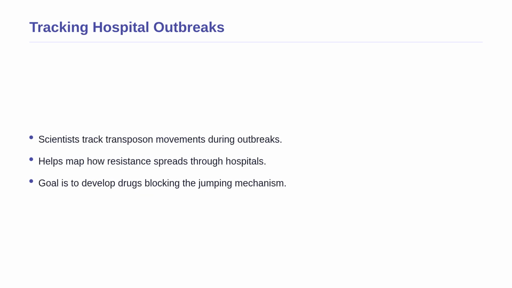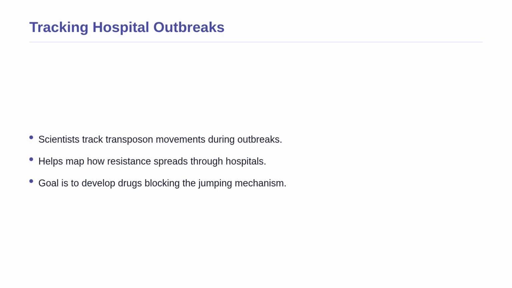Because these jumping genes are so dangerous, they are heavily studied in medicine. Understanding exactly how these elements move allows scientists to track hospital outbreaks. By sequencing the DNA of bacteria infecting different patients, researchers can see exactly where a transposon has jumped, mapping the spread of resistance in real time.